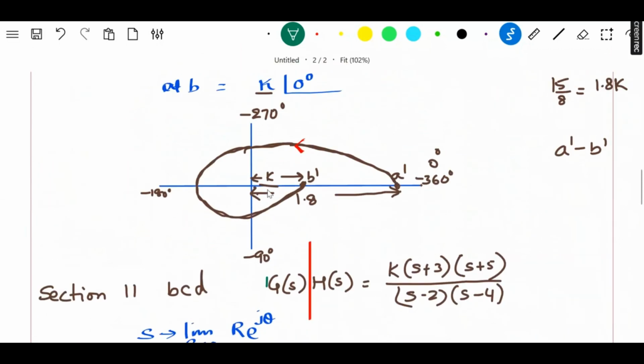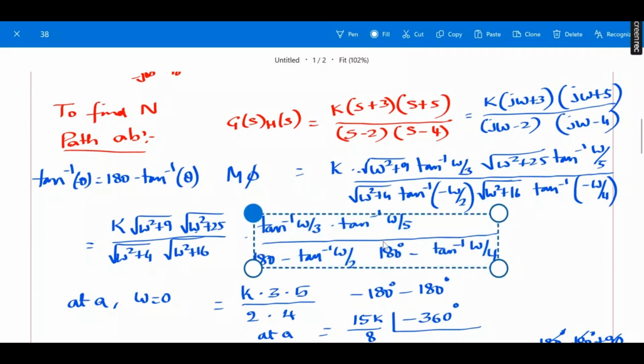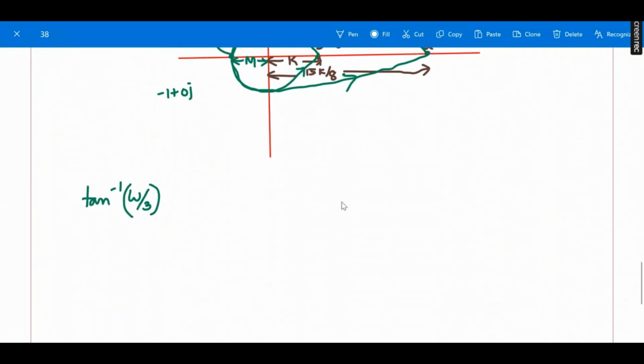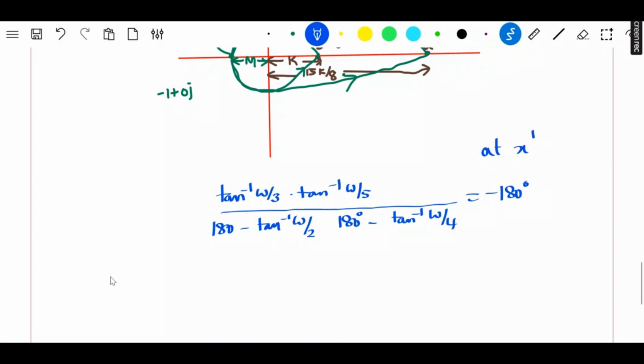Okay. Now what I'll do, I'll just copy this complete thing and paste it here. Now this is the angle term which we have got. I'll write this should be equal to minus 180 at x dash. So what would be the final formula?